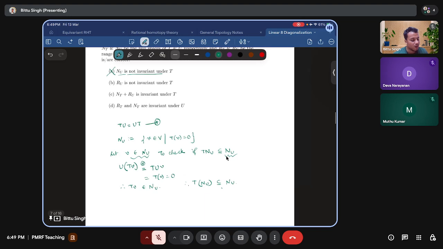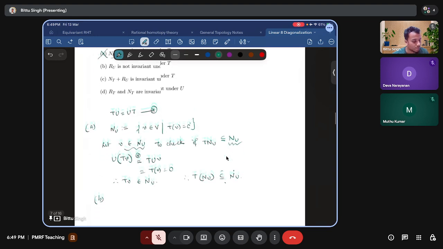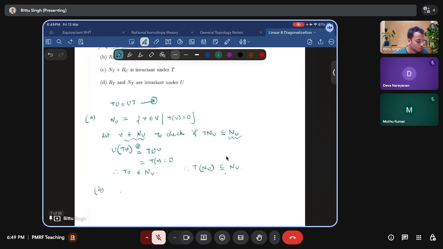Now, is it clear that RU is T invariant or not? This is for B. Again, we start from some element coming from RU. Let V belong to RU, the range space of U. That means V equals U times W for some W in the vector space.